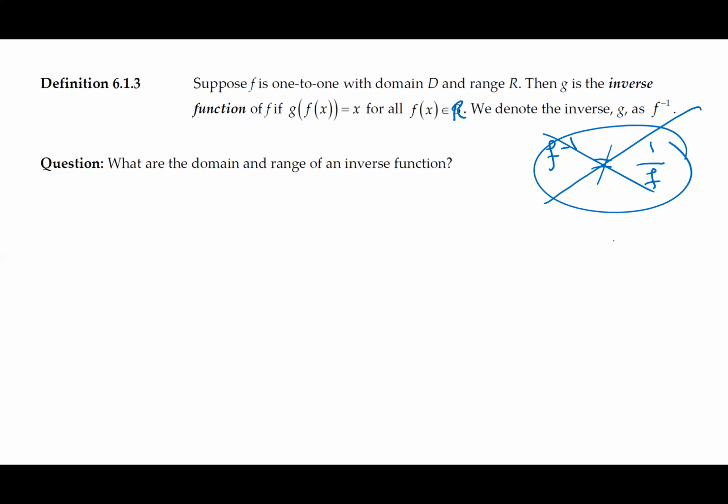So no, okay? Well, what are the domain and range of an inverse function? So we know what an inverse function does.